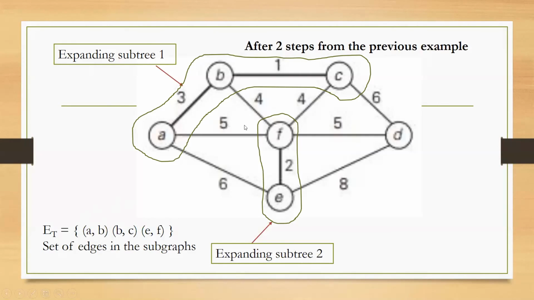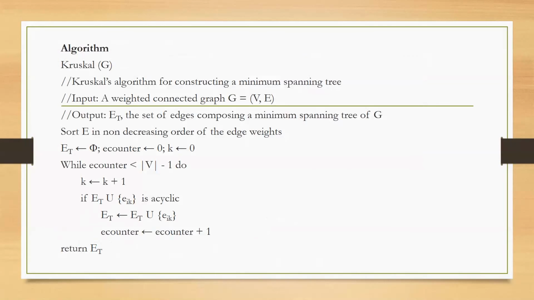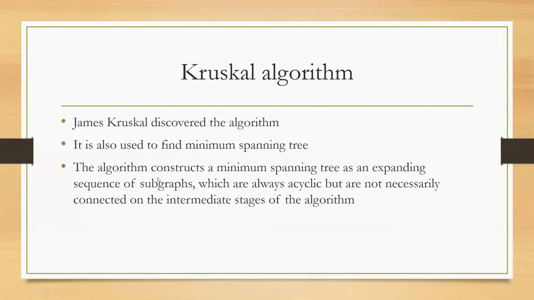I hope you understood today's concept of the Kruskal algorithm. Once again, just have a look at this definition. The algorithm constructs a minimum spanning tree as an expanding sequence of subgraphs, not just one subgraph. It is a sequence of subgraphs which are always acyclic.